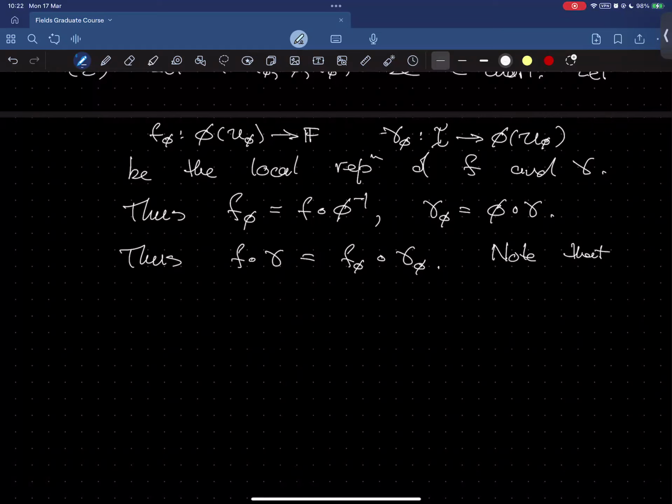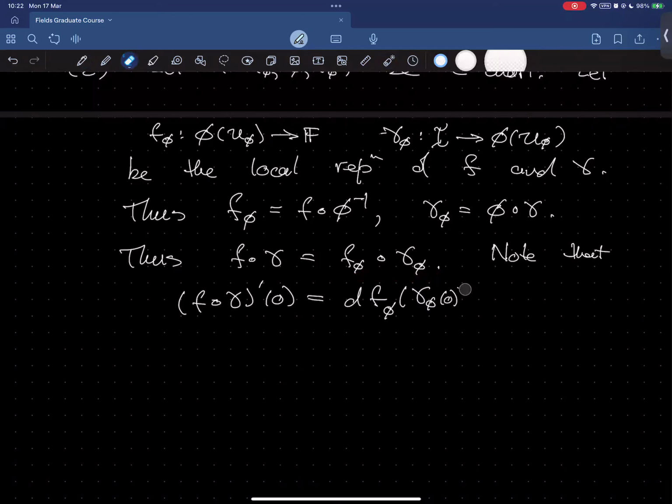Note that the derivative of f composed with gamma at 0 is, again using the chain rule, d f phi at gamma phi of 0 applied to gamma phi prime at 0.